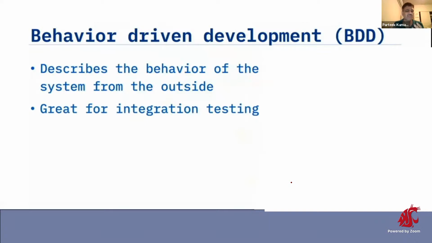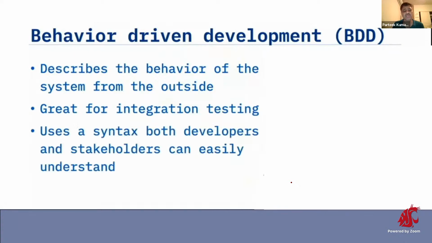Normally, when we consider the overall behavior of the system, it requires multiple functions. So it is best for integration testing, because here we work on the overall behavior of the system. Now, the best part of behavior driven design is that it uses syntax which both developer and stakeholder can easily understand, since it is related to the requirements, and these requirements we capture from the stakeholders, from the customer.